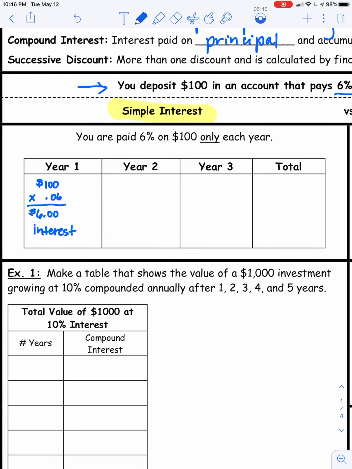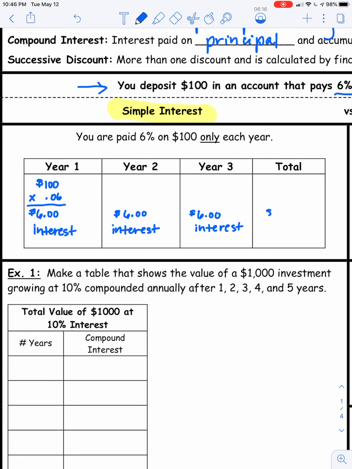On year 2, you're going to earn the same amount of interest that you did during year 1. At the end of the year, you'll have earned another $6. So now you would have $112 in your account. The third year, it pays the same exact amount. You're going to earn $6 in interest in year 3, and now you have $118 total.